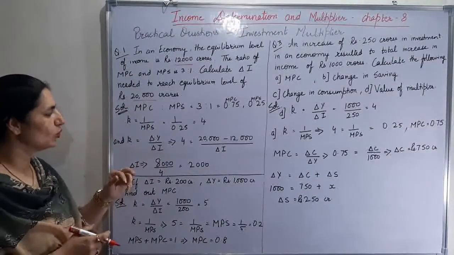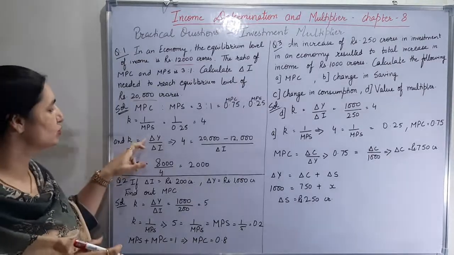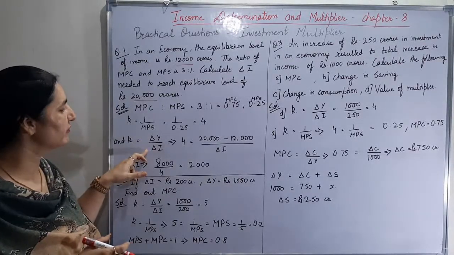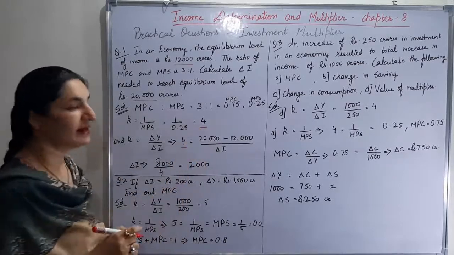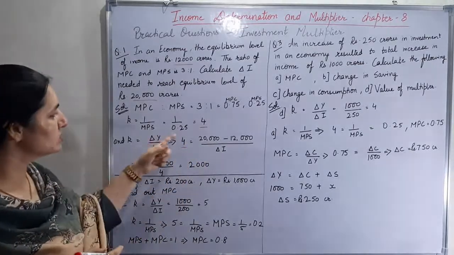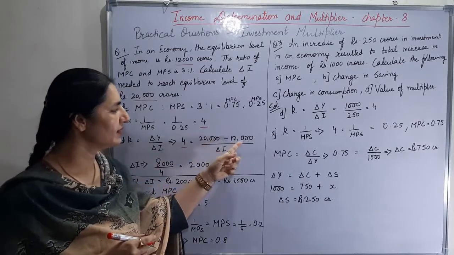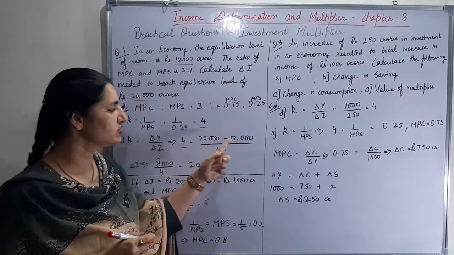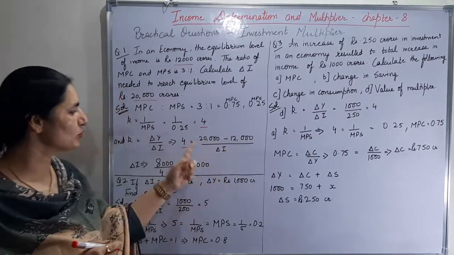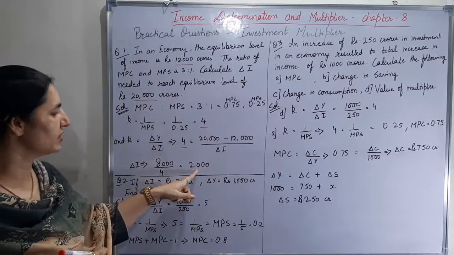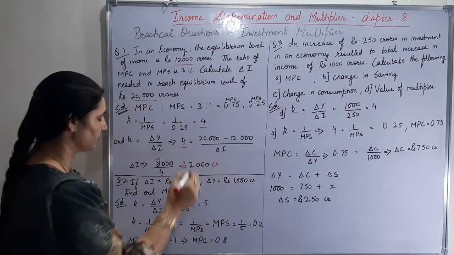And we also know the other formula, that K multiplier is equal to change in income by change in investment. We have the value of the multiplier, that is 4, calculated by the other formula using MPS, and 20,000 minus 12,000 is the change in income. We have to calculate the change in investment. So putting the values in this, we get the change in investment as rupees 2,000 crores.